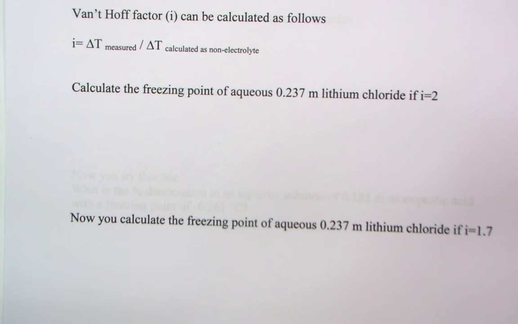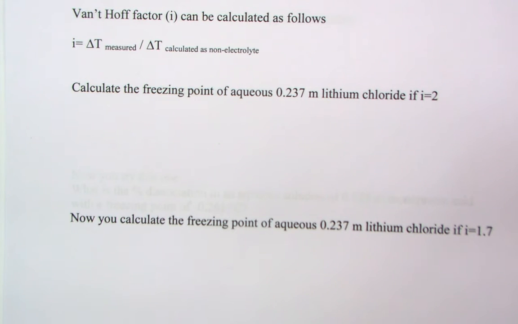So when we think about this, you would expect for sodium chloride, lithium phosphate, that we would have integers. It's possible to have numbers that are not integers, like 1.7 or 1.5. It's also possible to have numbers that are less than 1.